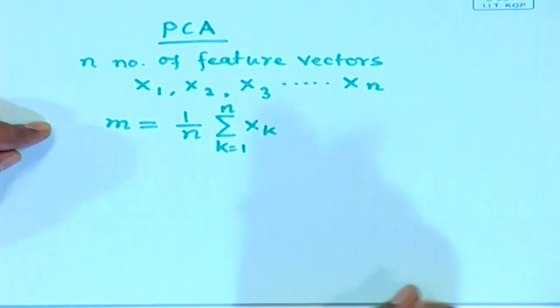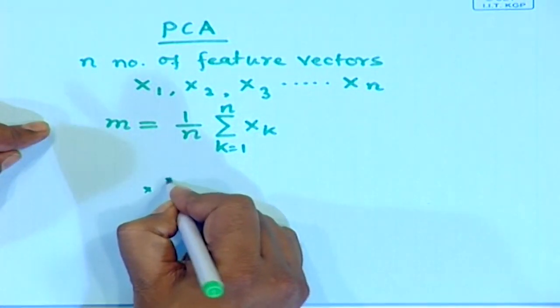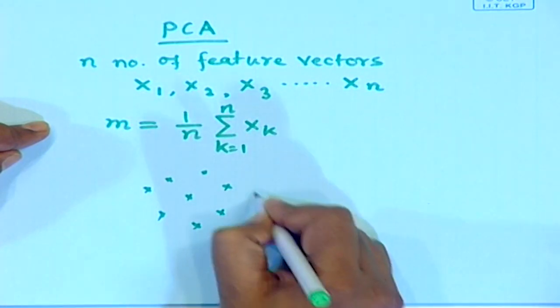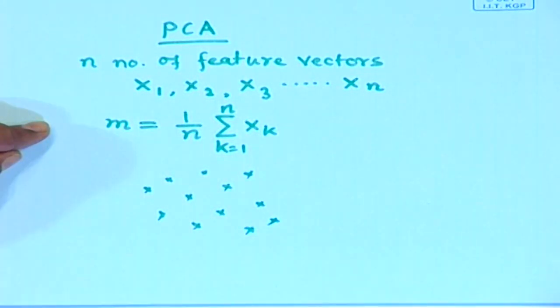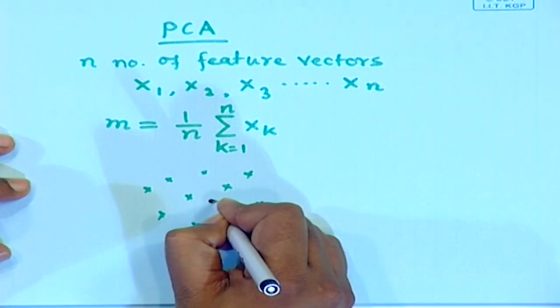If I want to project onto a single dimension, suppose I have a set of points something like this, arbitrarily distributed, I have n number of such points, and the mean m is somewhere over here.